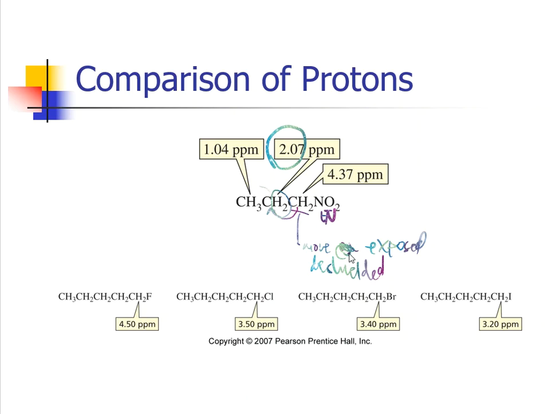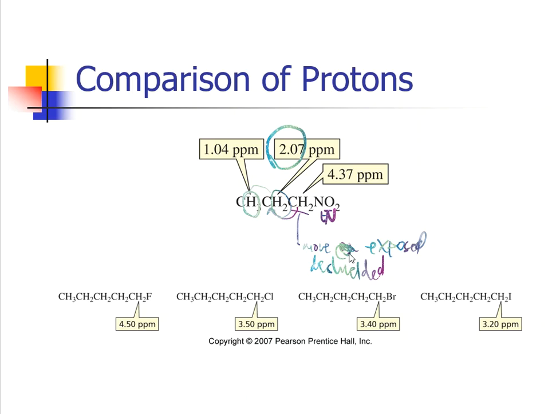And then finally, our third signal is coming from here. This is the furthest away from that NO2 group, and because of that, the NO2 is really not pulling electrons away from them at all, at least not that much. So because they are even more clouded, with even more neighbors surrounding them, they are more shielded. The magnetic properties of the NMR cannot grab hold of them that well.